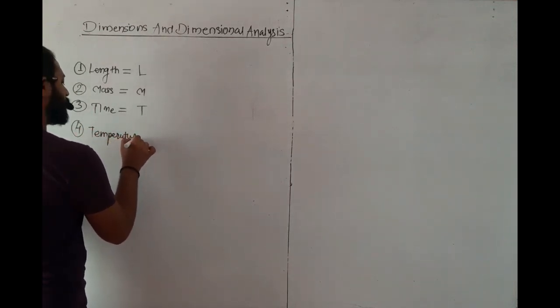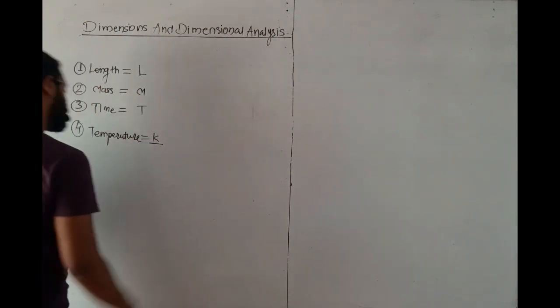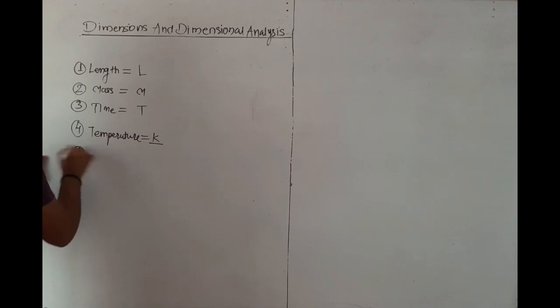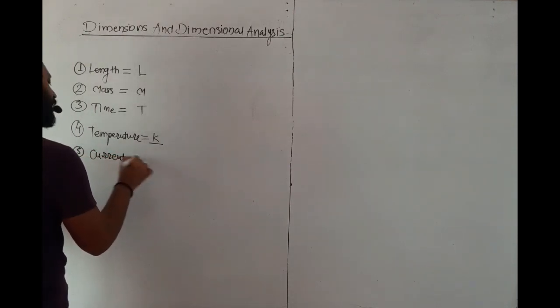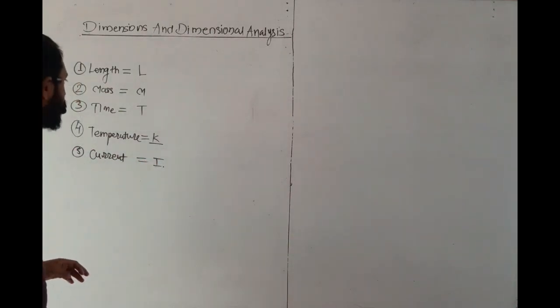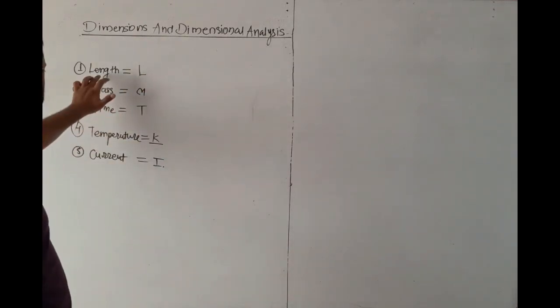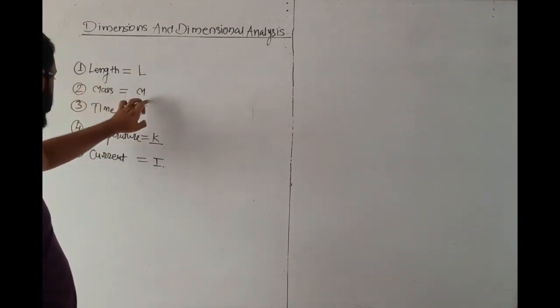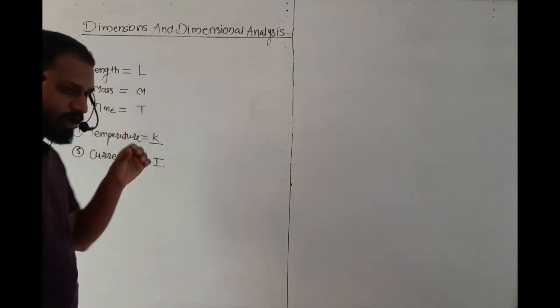Temperature is Kelvin, represented by K. Current is represented by capital I. Okay, like that we should have some notation, or you can say symbol: for length capital L, mass capital M, time T, temperature K, and current I.